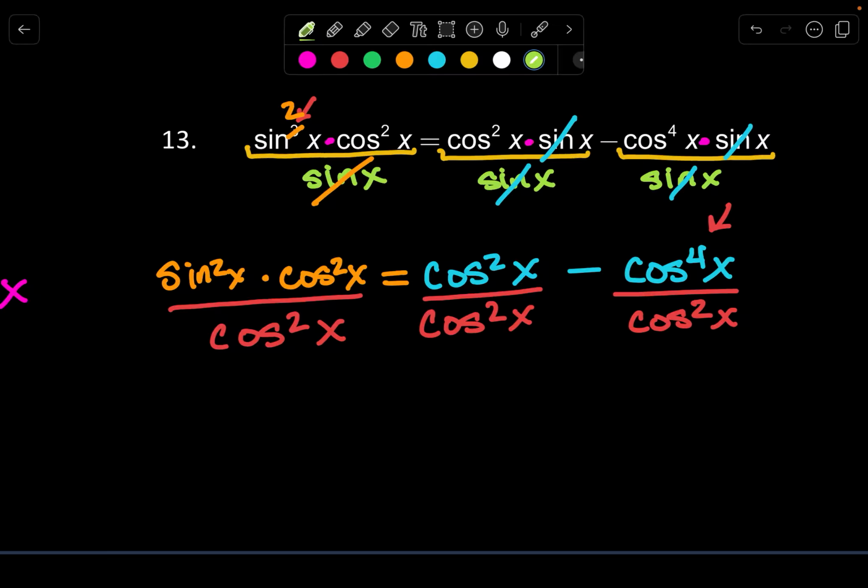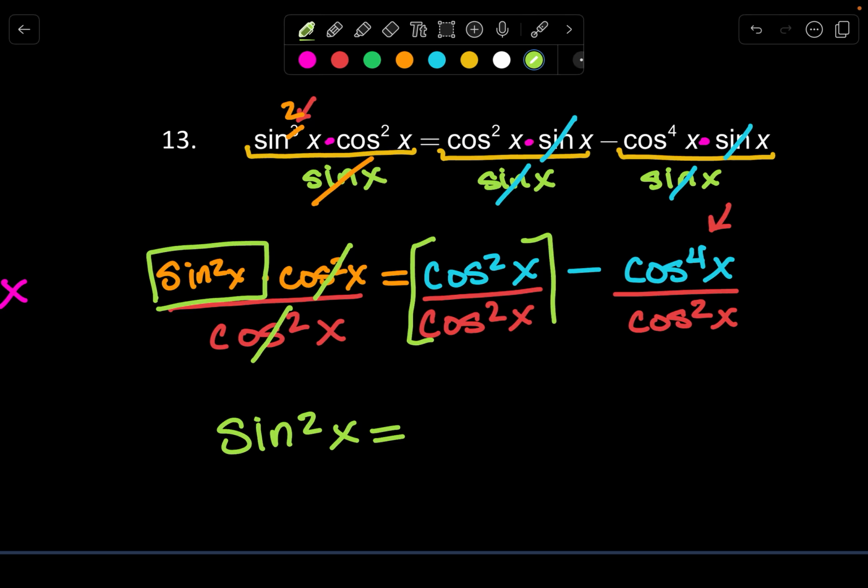So looking at my first value here, I've got a cosine squared x over a cosine squared x. That leaves me with only a sine squared x. Then here I've got cosine squared x divided by itself. Any number divided by itself is 1. And then down here I've got 4 and 2. I'm going to subtract since I am dividing, and that will leave me cosine squared x.